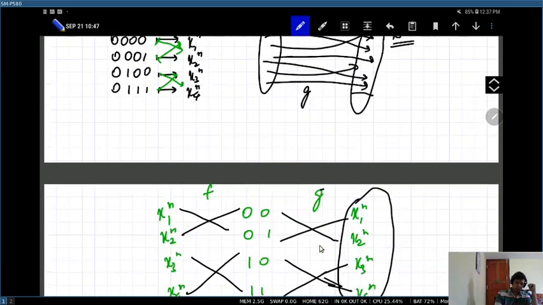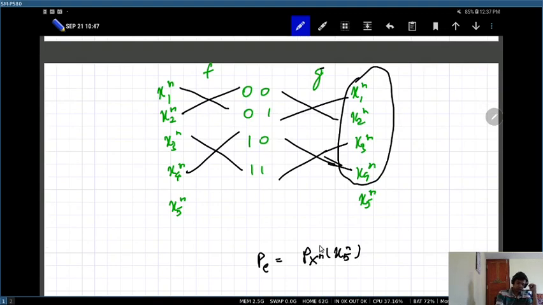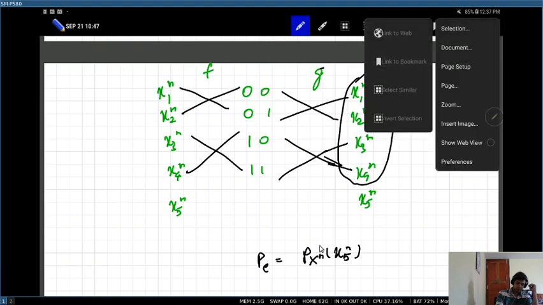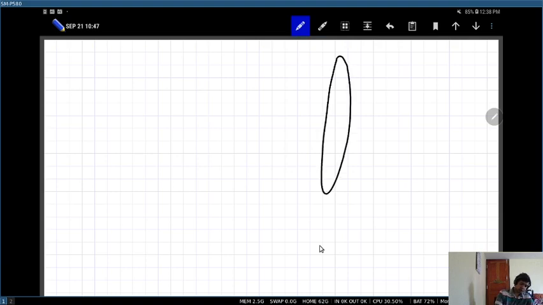So the class of deterministic compression algorithms are going to be fully described by this set S, which I call the set of reconstructible sequences.